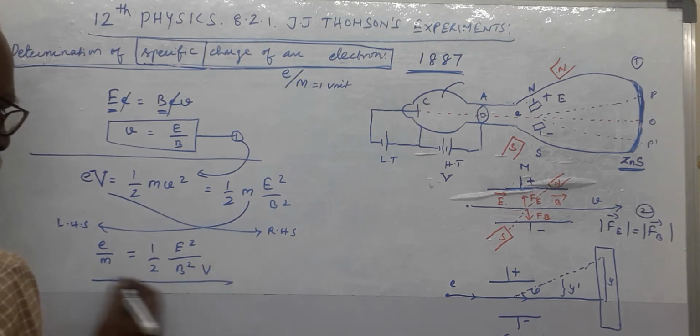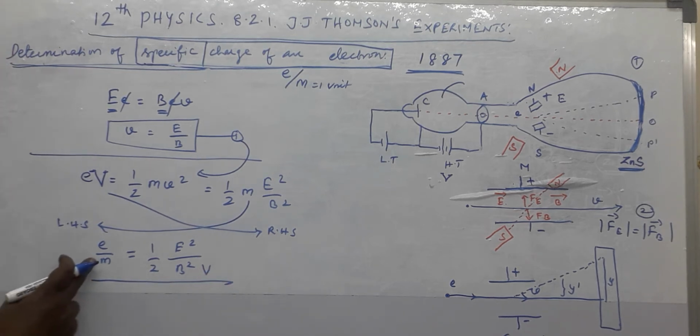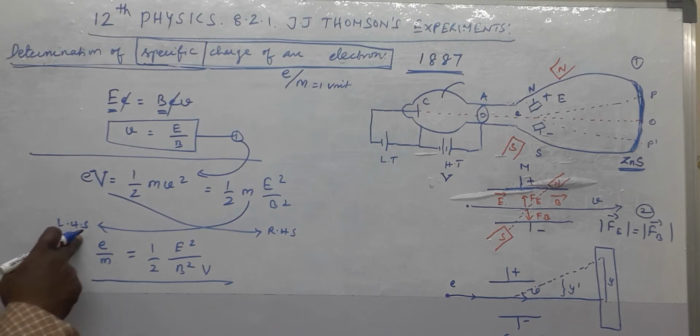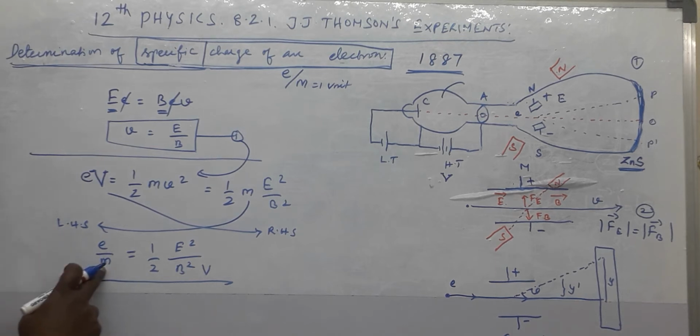This is the equation to determine the specific charge of an electron, that is the charge per unit mass of the electron, called specific charge.